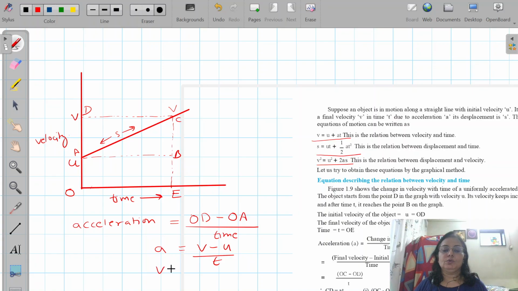So v minus u is equal to at, or we can say v is equal to u plus at. This is the first equation of motion. So this relation, v is equal to u plus at, gives us the relation between time t and velocity v of an object.